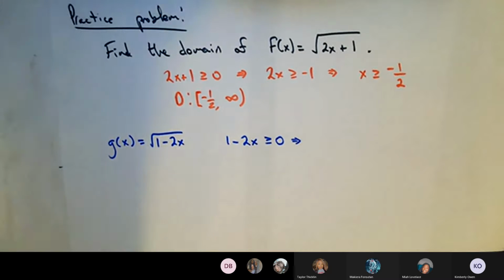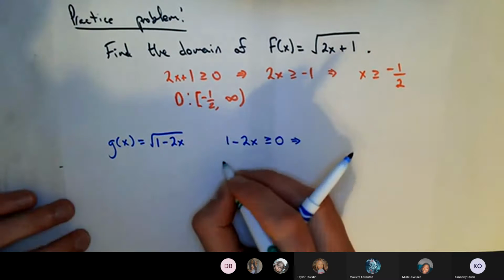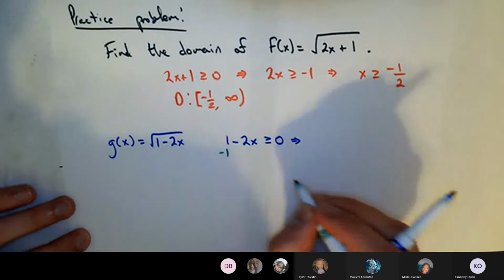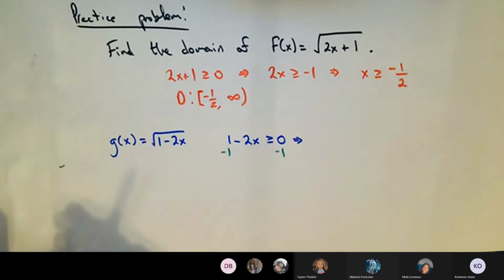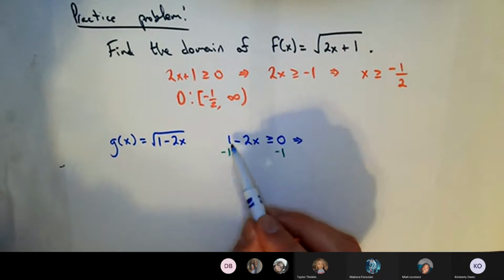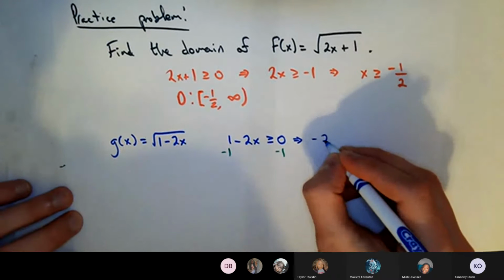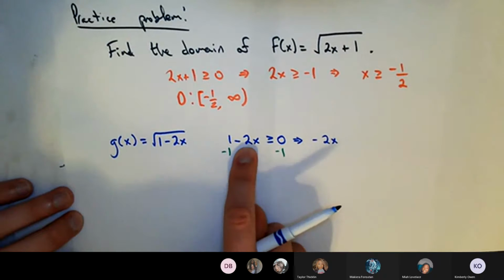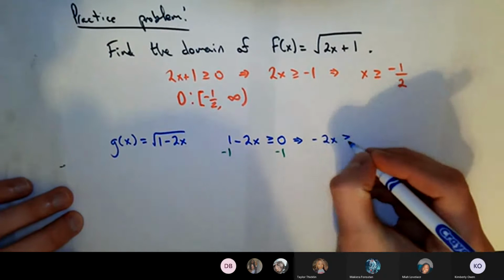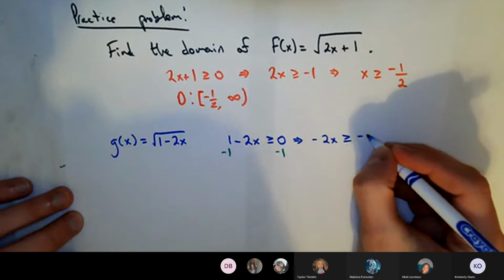Now you've got to be good with algebra here, or arithmetic, or I guess it is technically algebra. So we're going to subtract 1 from both sides, because we're solving for x. So we get -2x greater than or equal to -1. That negative is attached to the 2.